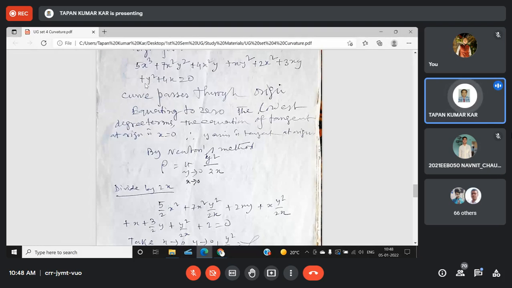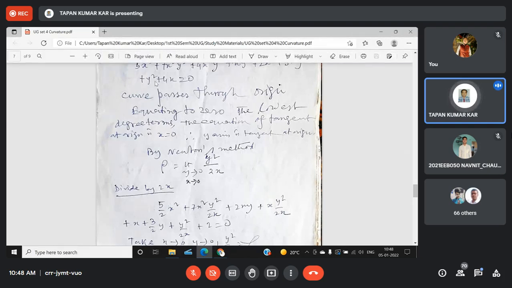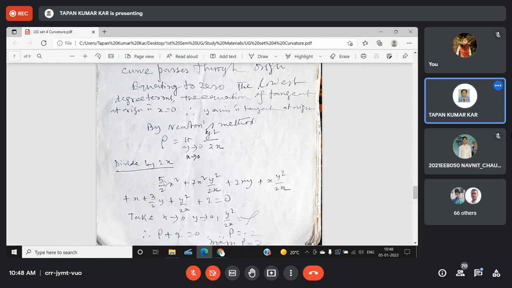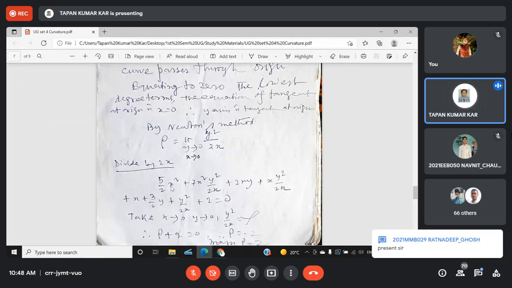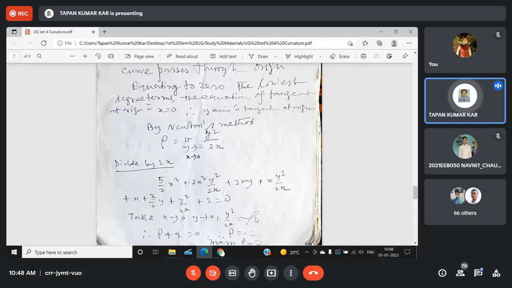Now divide this equation by 2x. So you will get this, and y square by 2x equal to rho. Y square by 2x at x tends to 0, y tends to 0 is rho. So if you take the limit x tends to 0, y tends to 0, then y square by 2x equal to rho.